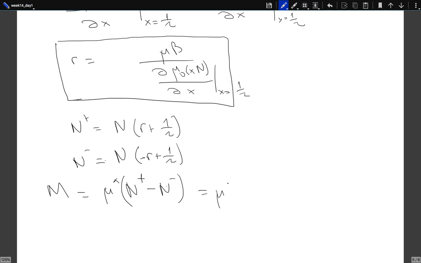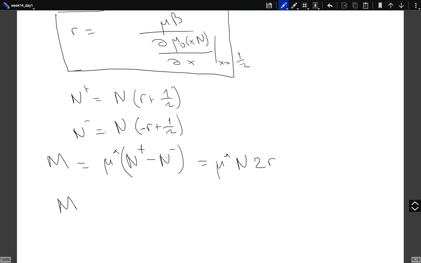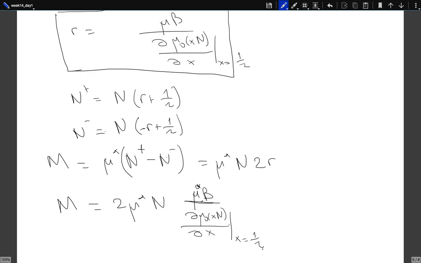Well, if I just subtract N minus from N plus, I just get 2R times N. This is my magnetization. So M, the total magnetization of the system, is just 2 mu star N times R, which I had already evaluated: mu star B over the derivative of mu 0 of xN with respect to x, evaluated at x equal to 1/2.